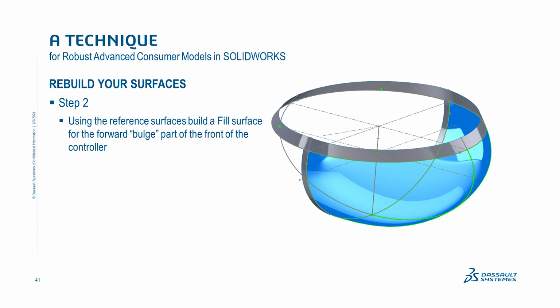So here I've created the rear of that elliptical forward area of the VR controller. And then when I've created that, I create the forward part of it, and then I create the dome. So with three fill features, I pretty much defined that front end of the controller.